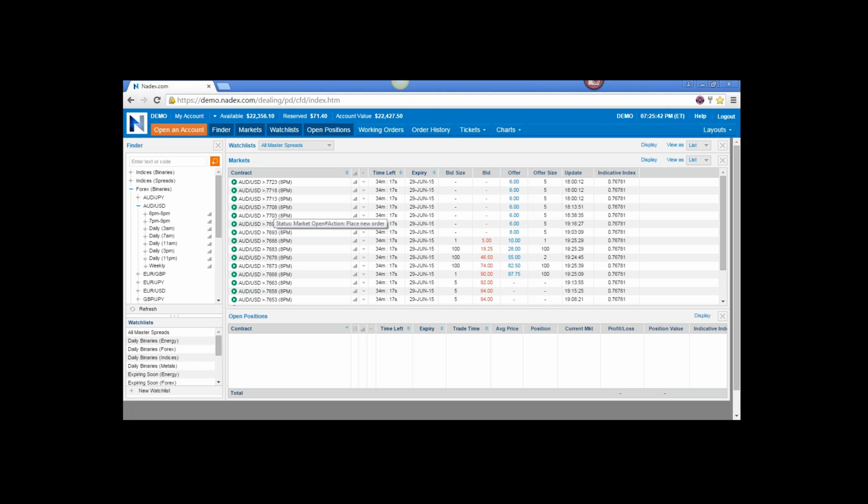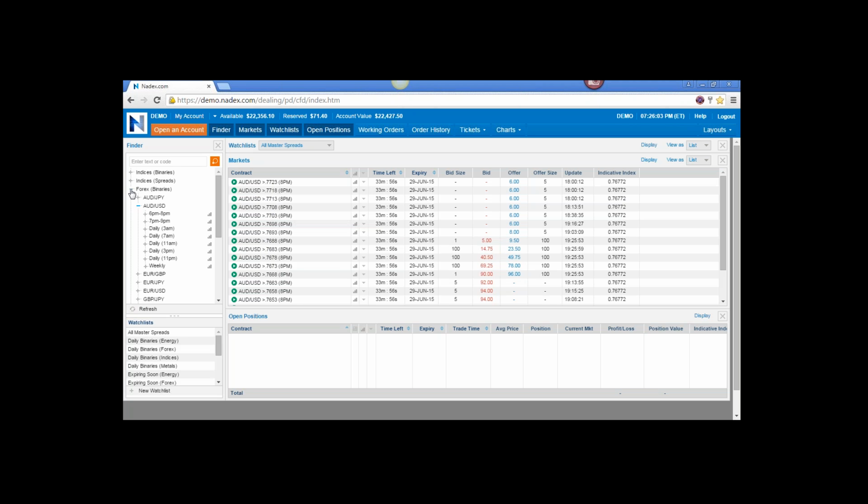All right. So if you ever have questions about what is offered on what instruments, you'll learn it as you dig in and get familiar with Nadex. You can go right there to the contract specs, and it will show you. Okay. Yes, Dave, they do have crude. They have oil.